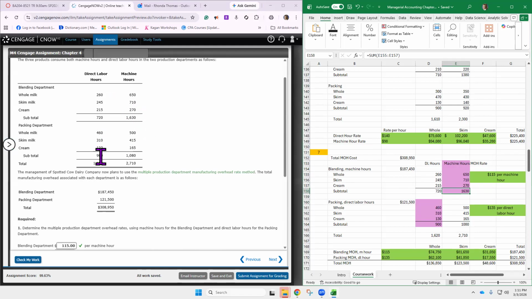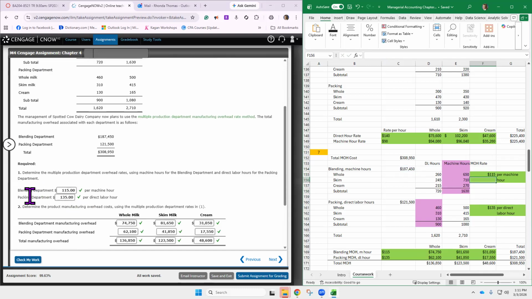And then packing is going to use these. I've highlighted in purple the ones they're using. So you take your total and divide by the number of hours, and you get $115 per machine hour. That's in the blending department, and it's their choice how they divide up the amount they're given.